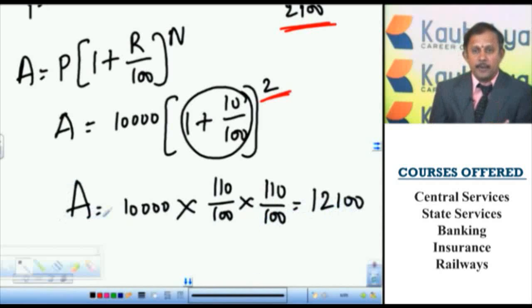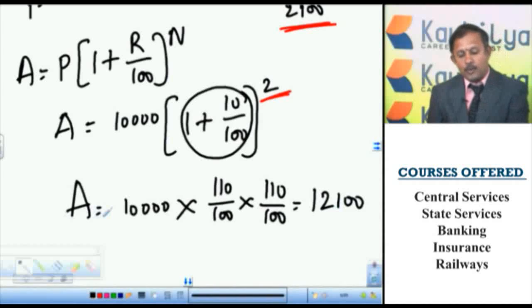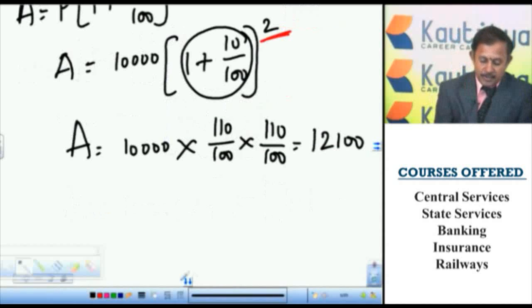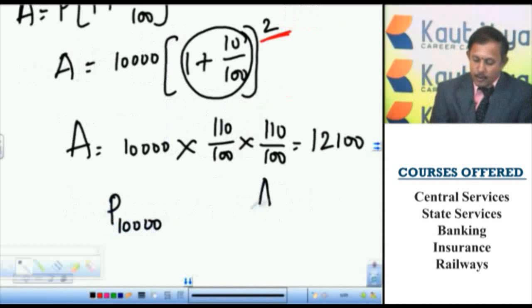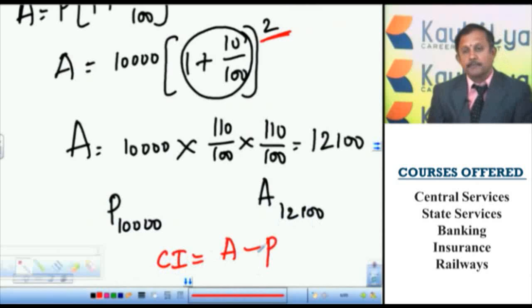So by using the formula amount is equal to P into 1 plus R by 100 power n, we got the amount as 12,100. Here what you have to observe is the principal is 10,000 and the amount is 12,100. Therefore compound interest is nothing but amount minus principal value.